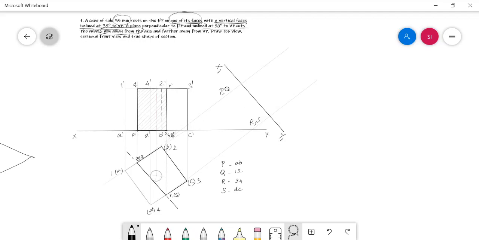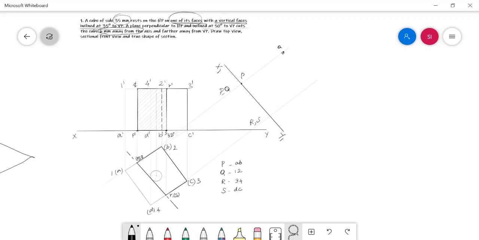So in the projector of P, we need to mark the cut point P in the x1 y1 itself. The point Q is situated at the axis height of the solid, that is 35 mm. So with the same distance I can mark the point Q here.